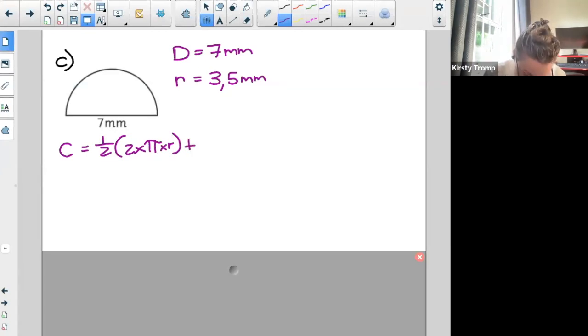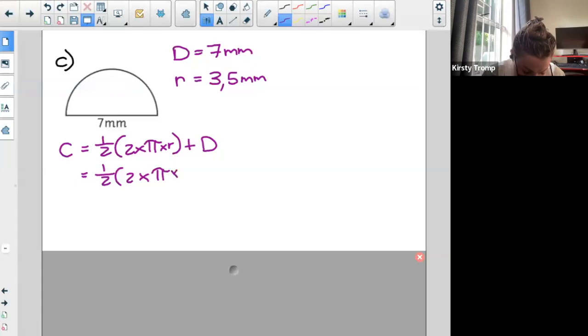Good. Well done. Plus the diameter. Or you could say plus the radius if you really wanted to, hey? Okay. Yes, Mikhail, so I've got 1/2 brackets 2 times pi times the radius was 3,5 plus the diameter was 7. Okay, now let's have a look. What's my answer going to be?